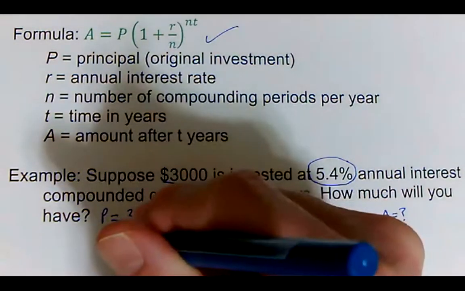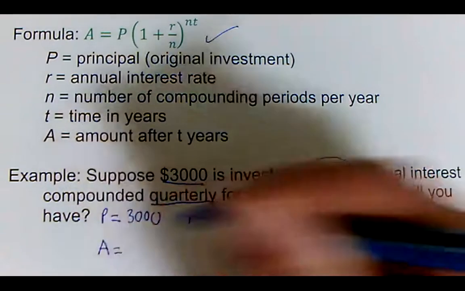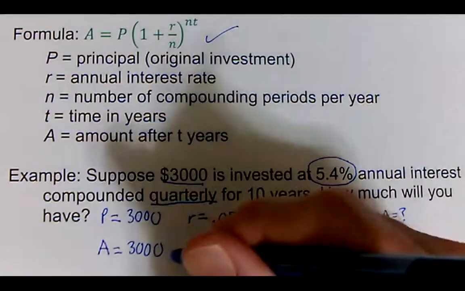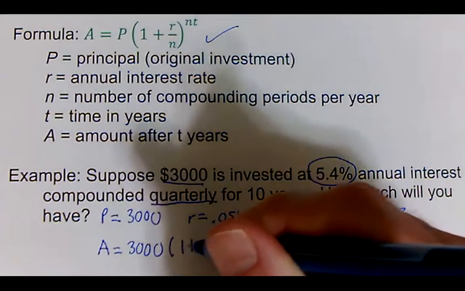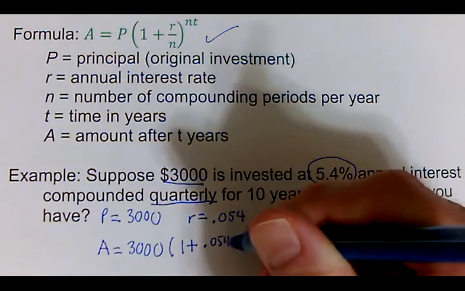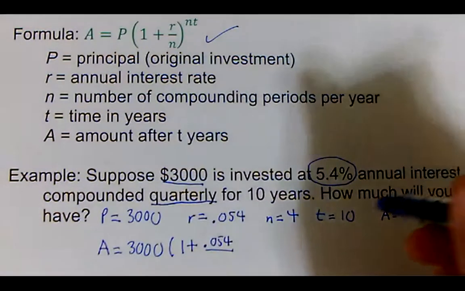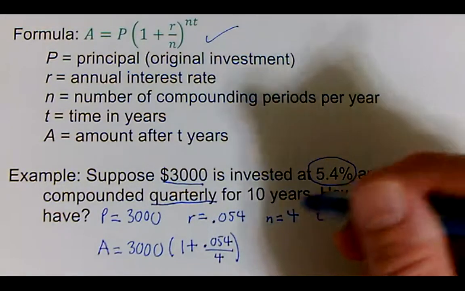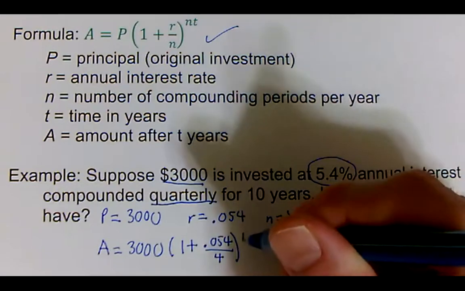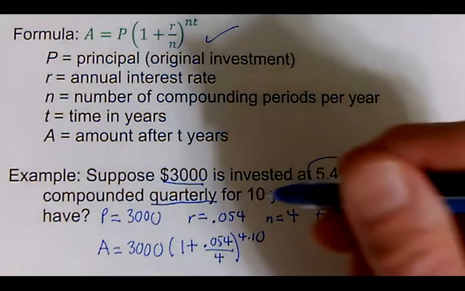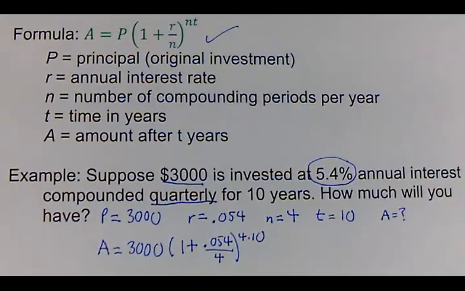So the A will be equal to P is 3,000 times, in parentheses, 1 plus R, that's my 0.054, over N is quarterly, so that's 4, raised to the N times T, that would be 4 for N, and T times 10. T is 10, so 4 times 10. That's the calculation that we need to do.